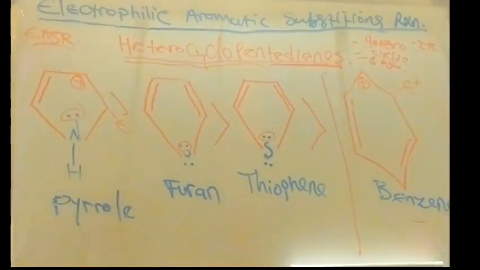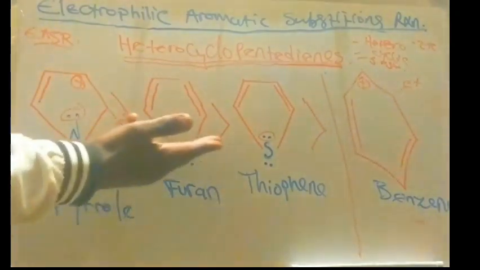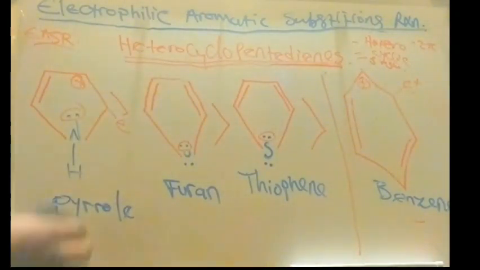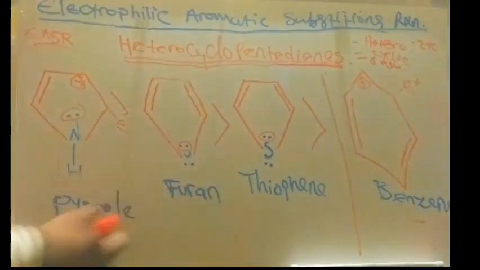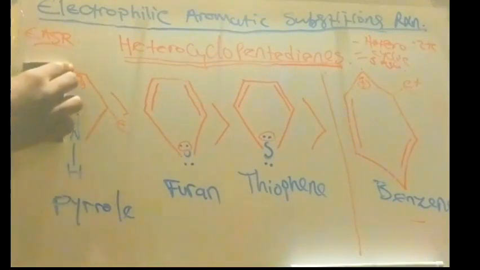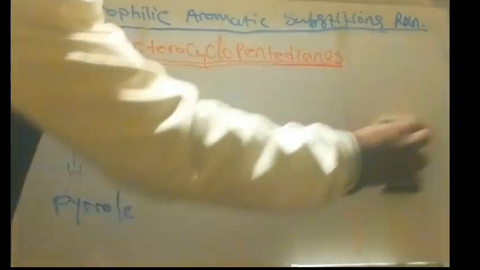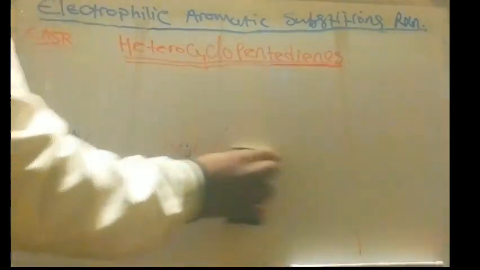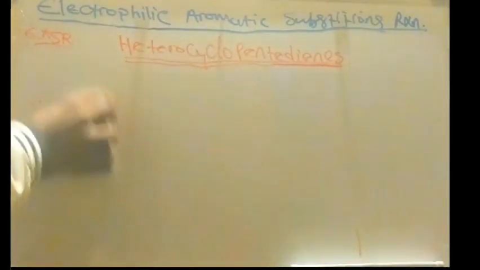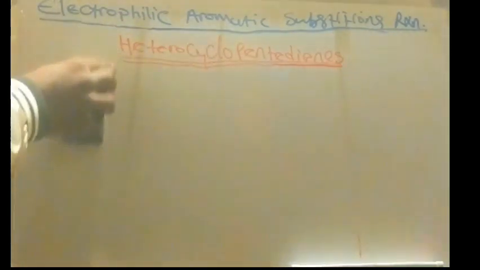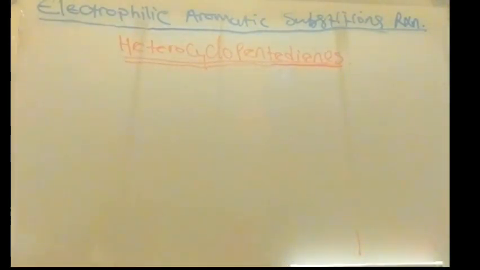So with those points in check, let's go further and look at some electrophilic aromatic substitution reactions involving these molecules. So our first molecule of choice will be furan. We'll use furan for the following reactions. Okay, so we want to see the reactivity, or how they are able to undergo electrophilic aromatic substitution reactions.